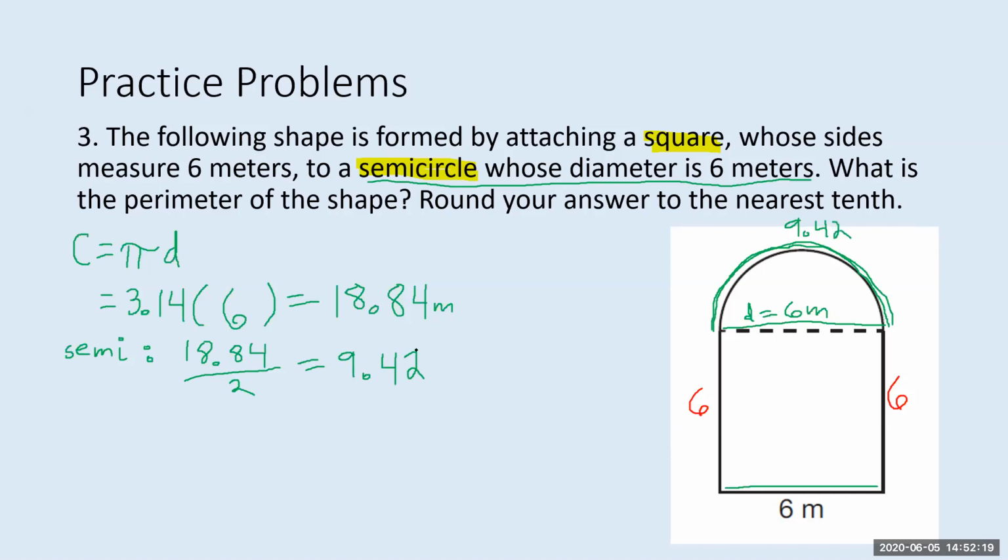Okay, so now to find the perimeter, you just add up all of those sides. We already know the 3 straight sides. So we've got 6 plus 6 plus 6, or you could do 3 times 6 since they're all the same.